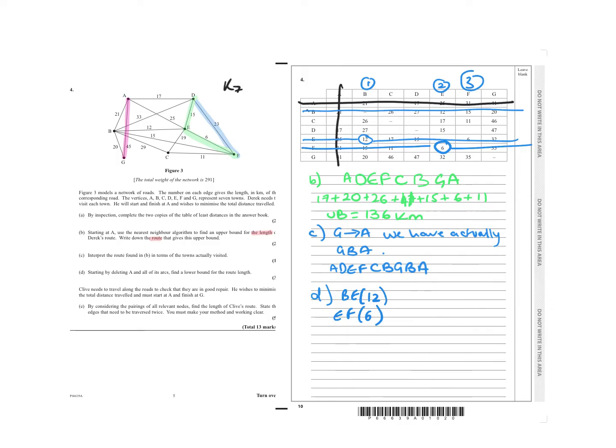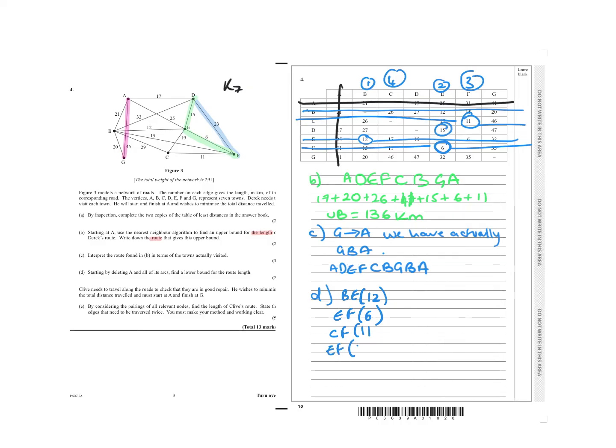The smallest one now out of all three, because remember, we're not having to actually do nearest neighbour, it's just working out this way for a moment, is 11. CF 11.